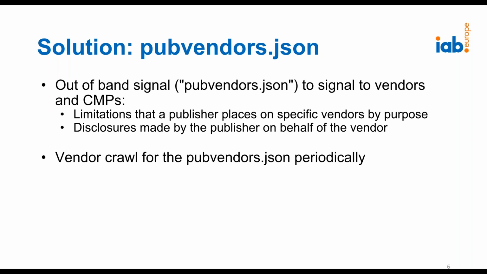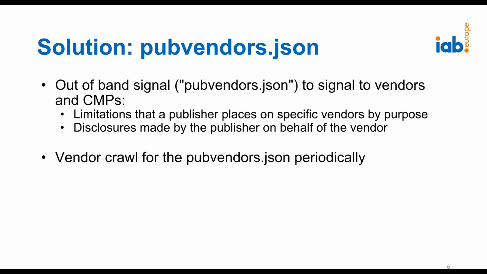So what we came up with is a JSON file that the publisher or any web host can place on their domain. And I'm getting into the detail of how to actually do this so it's consistent in one of the next slides. So basically that gives an out-of-band signal to the vendors and the CMPs.